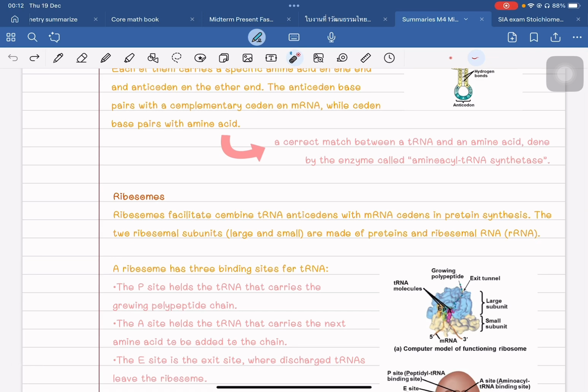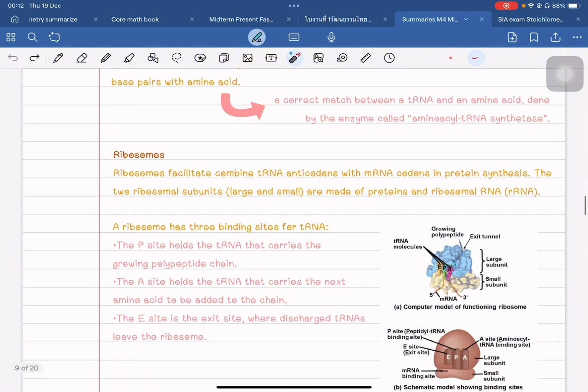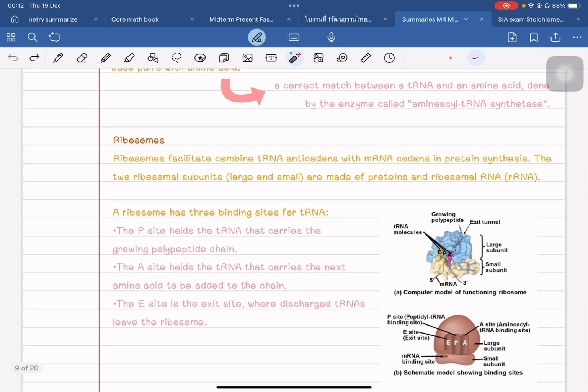Next is ribosomes. The ribosome facilitates coupling of tRNA anticodons with mRNA codons in protein synthesis. The two ribosomal subunits are the large and the small ones. They are made of proteins and ribosomal RNA, which is the rRNA. The ribosomes have 3 binding sites for tRNA.